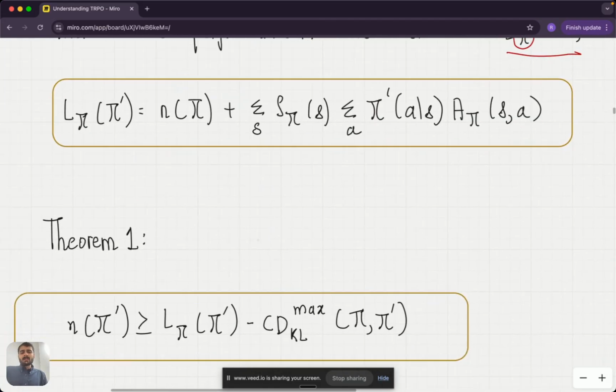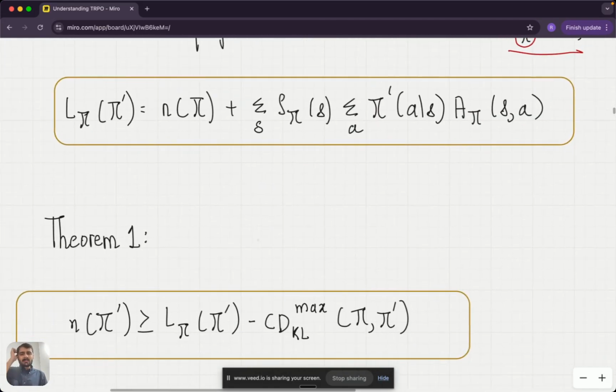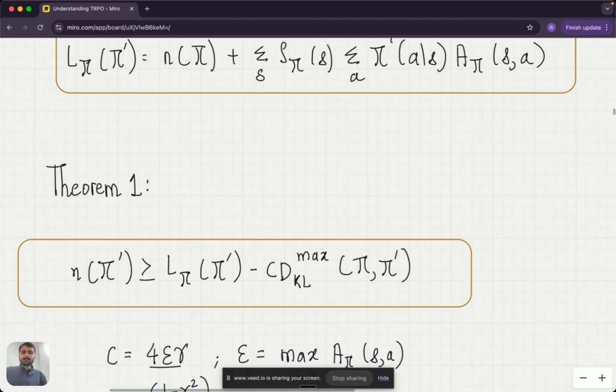Now, there is one expression that we can write. This is the performance measure of the new policy, the actual performance measure, and this is the approximate performance measure.